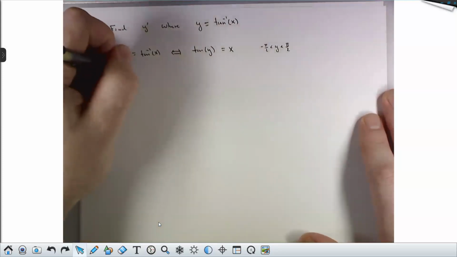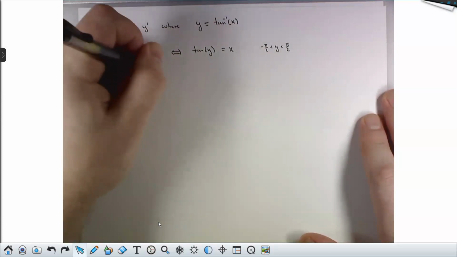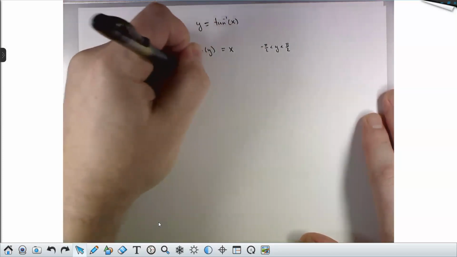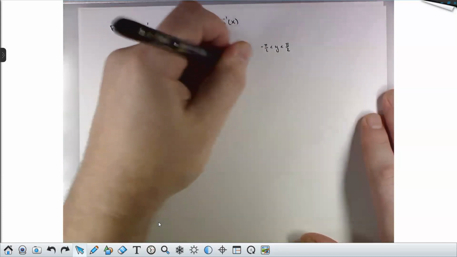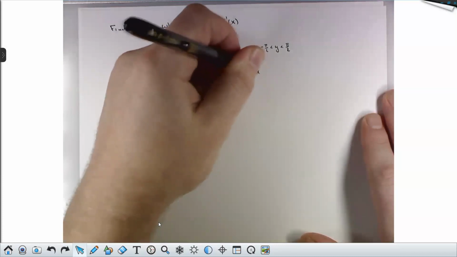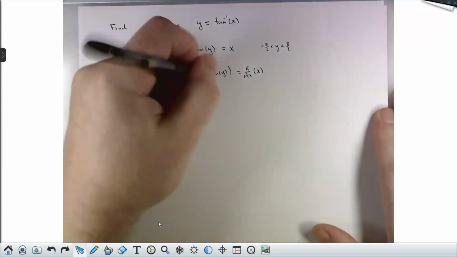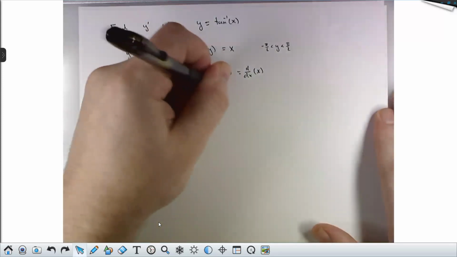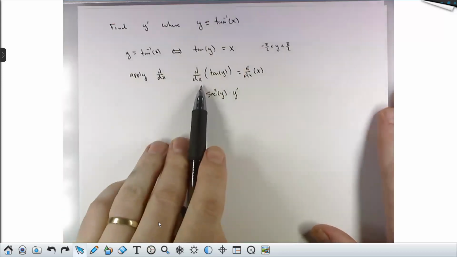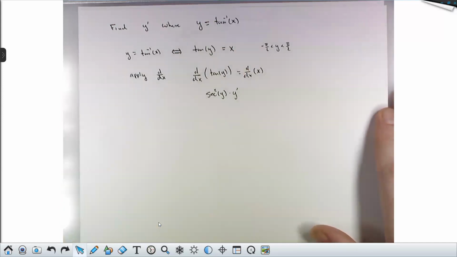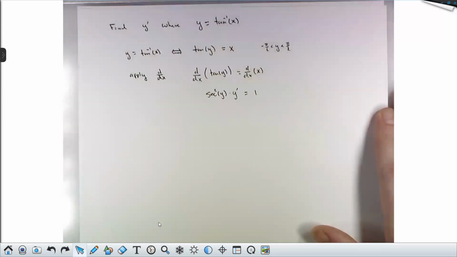So applying d dx to both sides, we get d dx of tangent y is equal to d dx of x. The derivative of tan y is secant squared y times y prime. I'm differentiating with respect to x, and the assumption is that y is secretly a function of x. And the derivative of x is still 1.